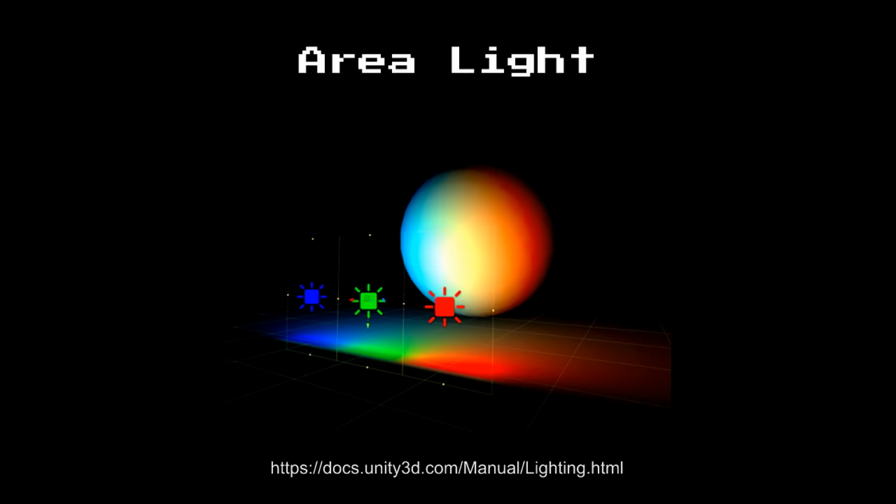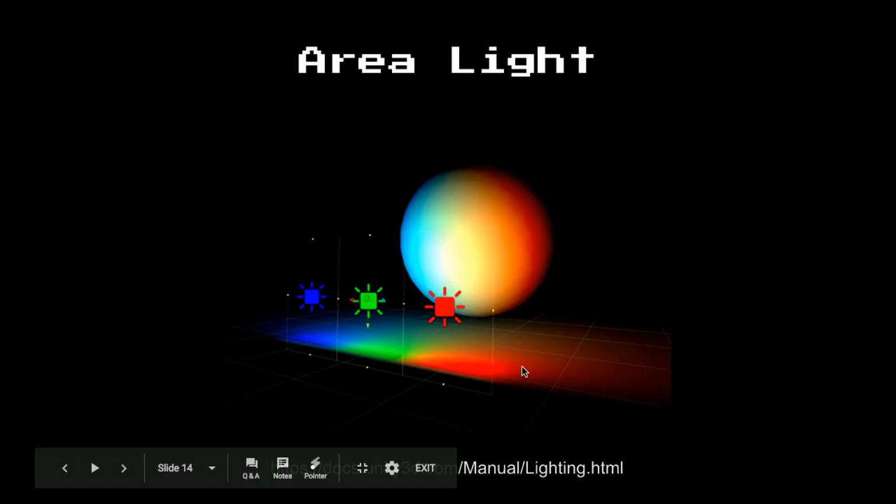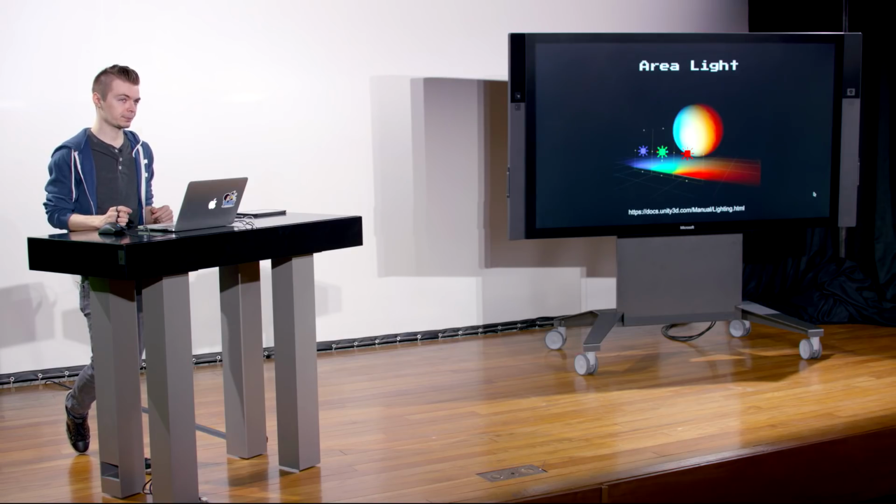So does anybody know, can anybody guess what an area light is based on this picture here? Yes? So it's light that's only on the surface? Light that's only on the surface. Kind of, yes. So it's light that will emit from the surface of a specifically designated rectangle, effectively, in one direction.